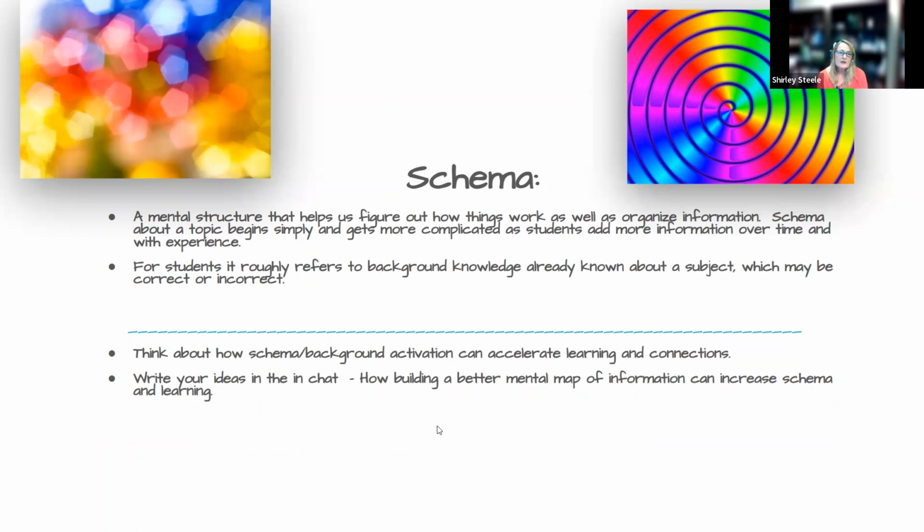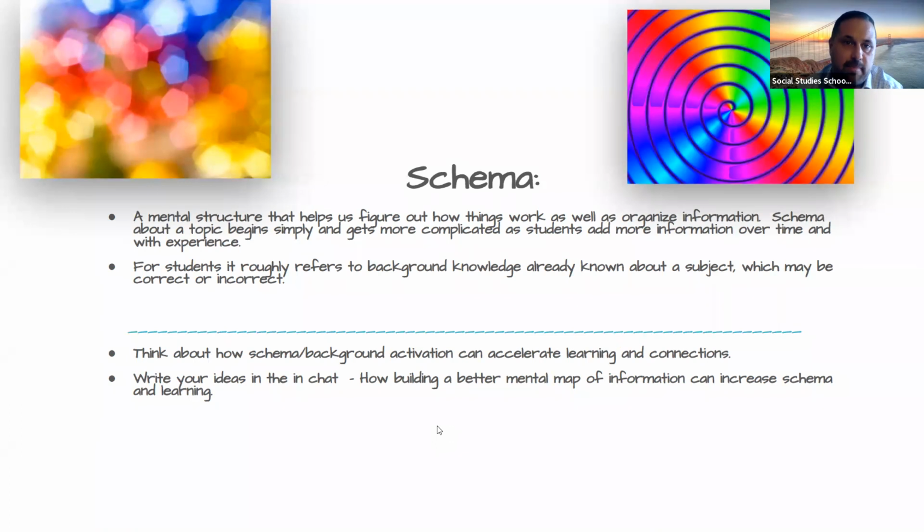For schema, Jason, can you read that first one for us, please? Sure. It's a mental structure that helps us figure out how things work as well as organize information. Schema about a topic begins simply and gets more complicated as students add more information over time and with experience.